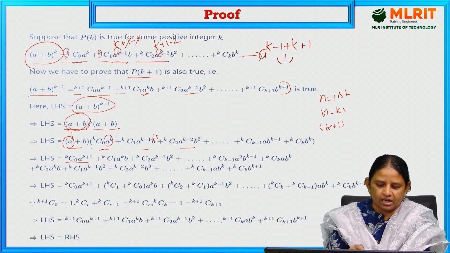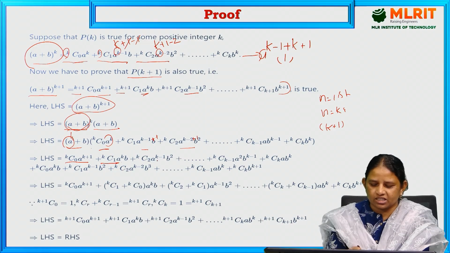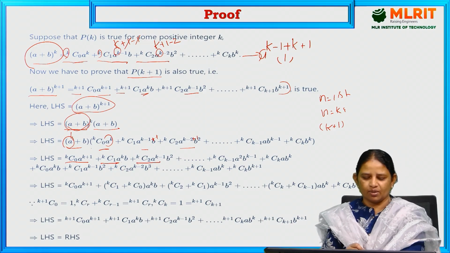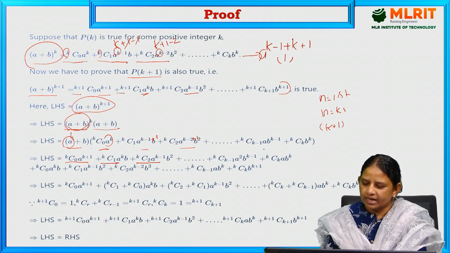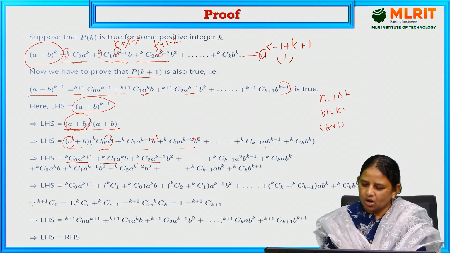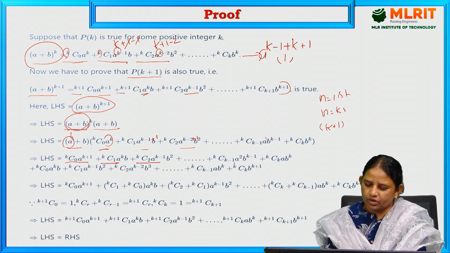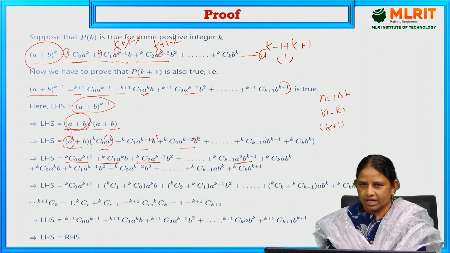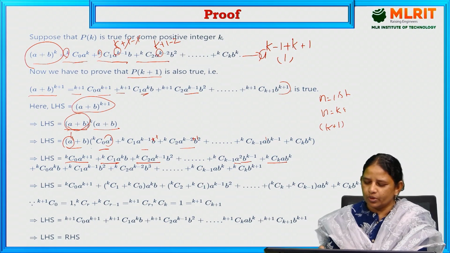Automatically minus 1 plus 1 get cancelled, kc1 a to the power of k into b. kc2 here, a to the power of k minus 2 plus 1 will get minus 1. kc2 a to the power of k minus 1 into b square, and so on, kck a into b to the power of k minus 1 and kck a into b to the power of k.